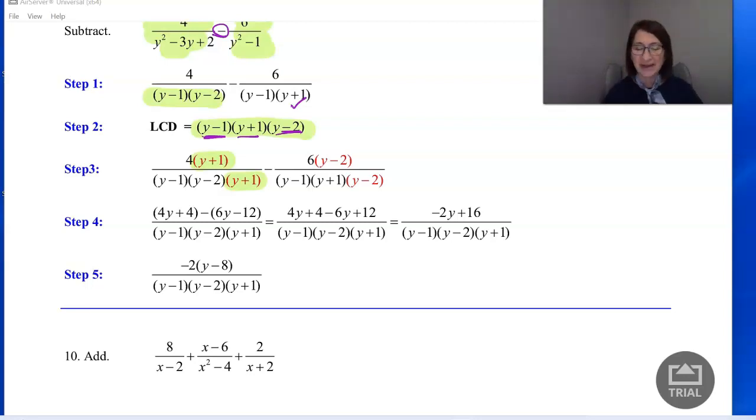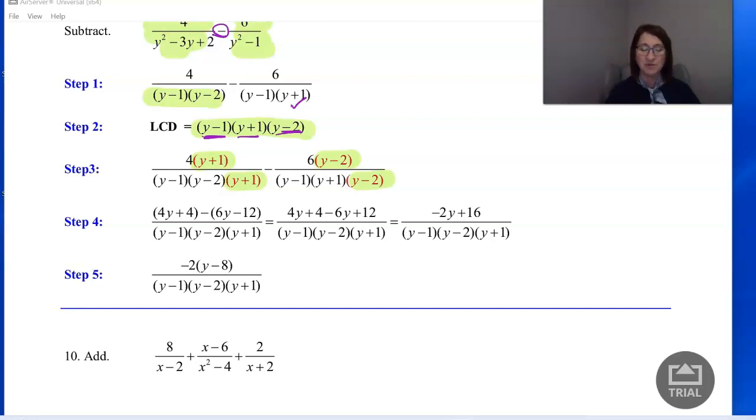I do the same process with my second rational expression, and I see that that one is missing the y minus 2. So now both of those rational expressions have the same denominator, and it just happens to be the same as the LCD. All right, so now I can subtract my numerators.